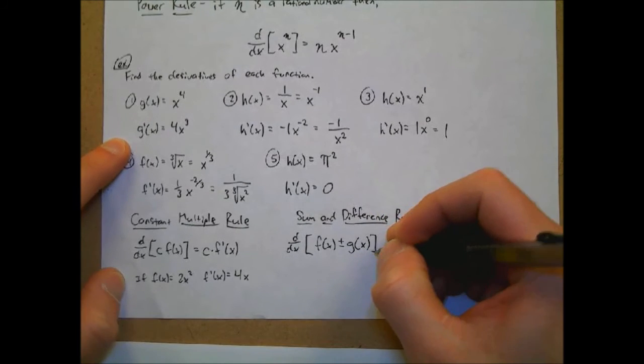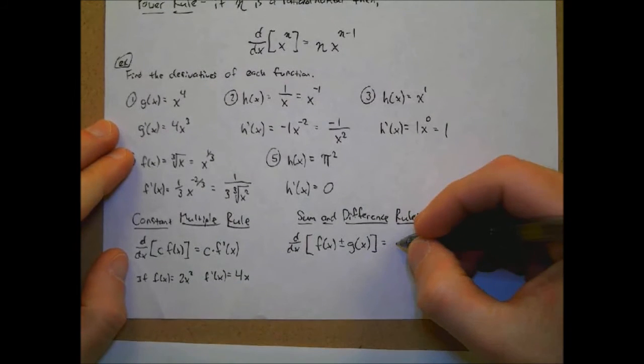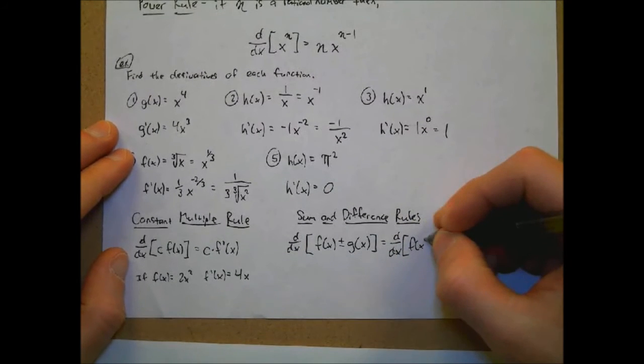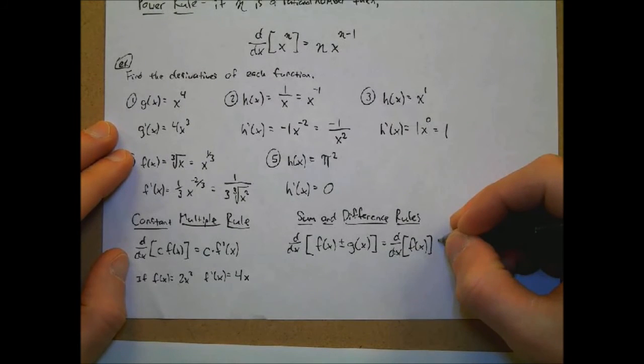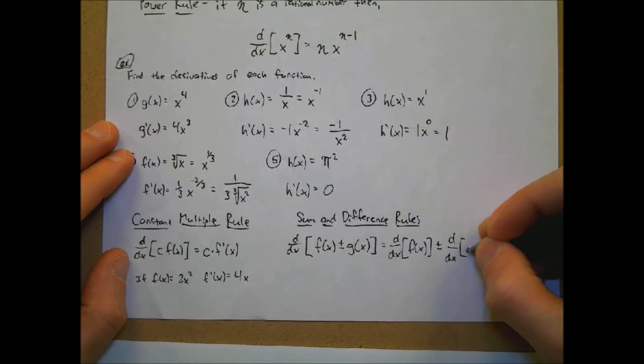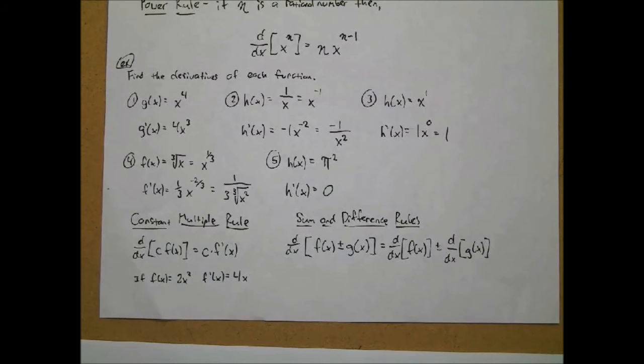So if we have two functions that are being added together or two functions that are being subtracted, we want to find the derivative of that sum of the two functions or the derivative of the difference of those two functions. Okay, that is equal to the derivative of the individual functions added or subtracted together. In other words, when you're taking a function's derivative, you can break up that function over addition and subtraction and just take the derivatives of the individual terms, you might call them.